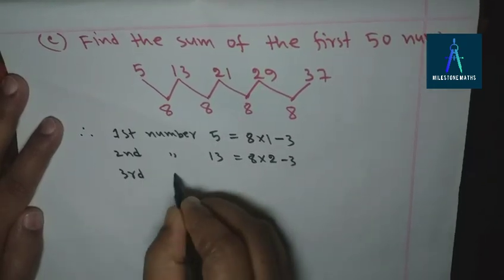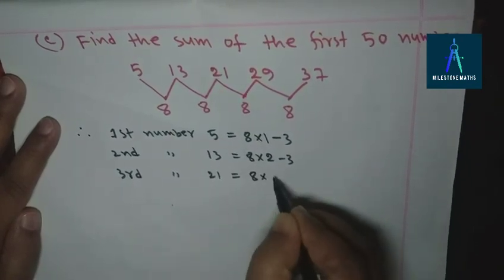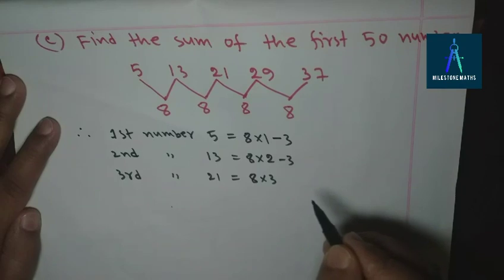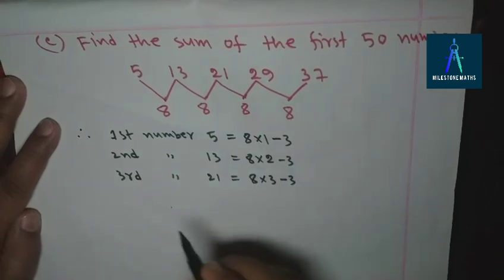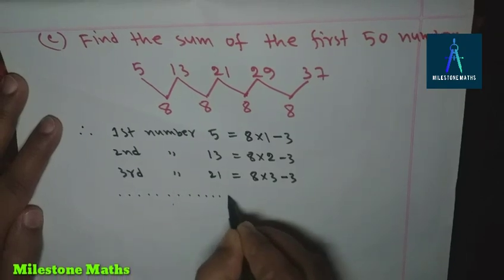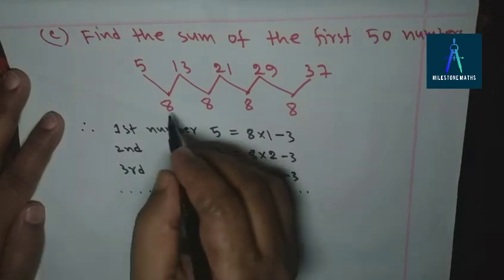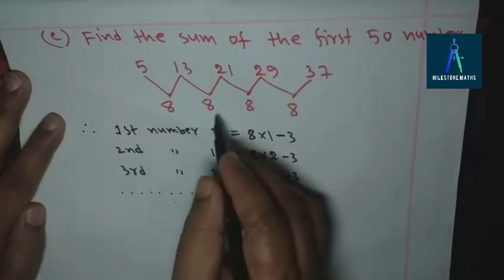Similarly the third number we can write 21 equal to 8 multiply by 3 minus 3. So similarly we can write the next numbers. You can ask me the question, from where do you get 8? So we get 8 from here. The 8 is the difference here.